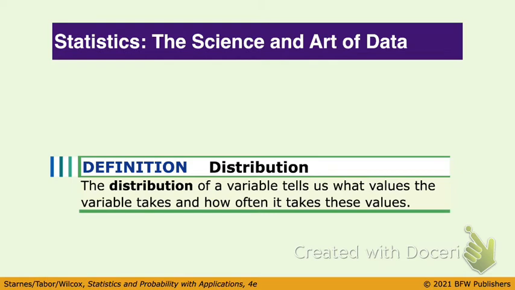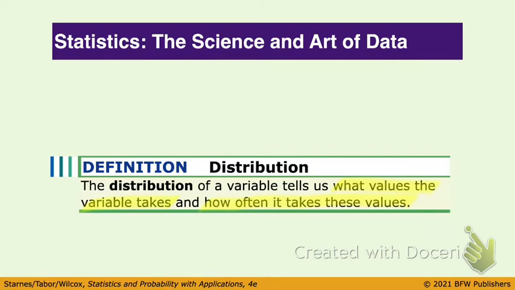Distribution. The distribution of a variable is going to tell us what values the variable takes and how often it takes these values. Basically, it's how many of each item.